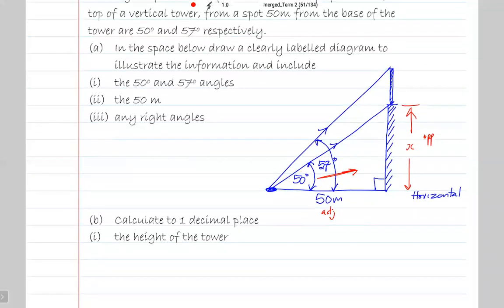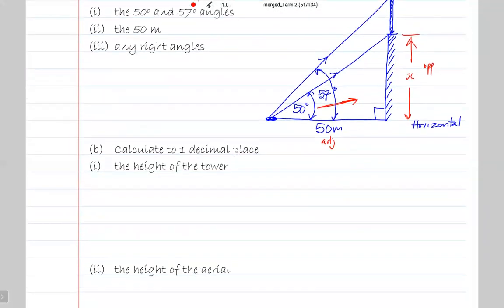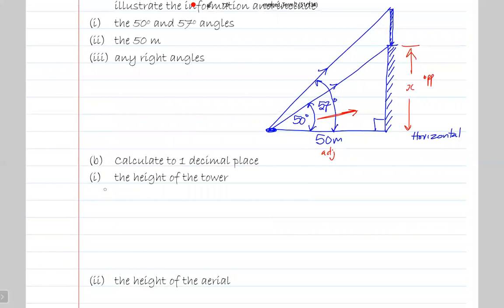Now, the trig ratio that includes opposite and adjacent is tan. So I'm going to say tan is equal to opposite over adjacent. And of course, the more I write this, the more likely I am to remember it. And so the tangent of 50 degrees is equal to opposite X over the adjacent 50. Now, if I have one fraction equal to one fraction, to get rid of the fraction, I must cross multiply.